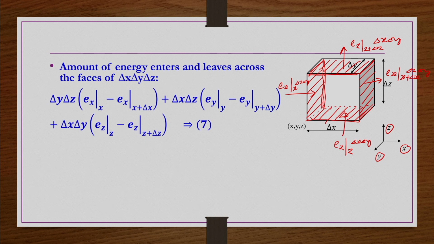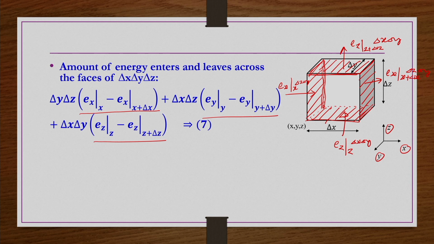If you write it out: E x at x minus E x at x plus delta x, multiplied by delta y, delta z, plus E y at y minus E y at y plus delta y, multiplied by delta x, delta z, plus E z at z minus E z at z plus delta z, multiplied by delta x, delta y. Now, in the conservation equation we have written in equation number 1, the left hand side term is equation number 6 in the previous equation, that is ∂/∂t of (half rho v square plus rho u tilde) delta x, delta y, delta z.